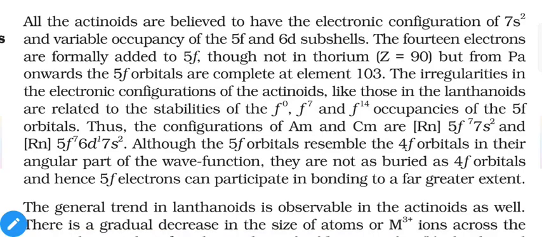That's why they do not participate in bond formation. But the 5f orbital is comparatively closer to the outermost orbital. It is not buried, that means it is not present deeply. That's why it can participate in bond formation.